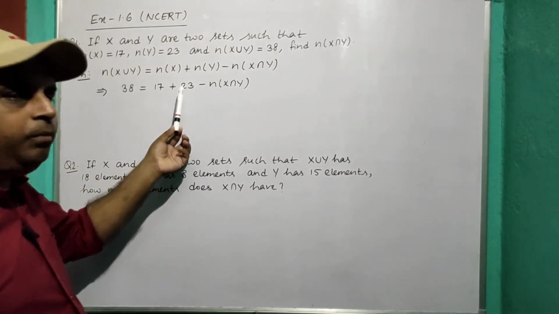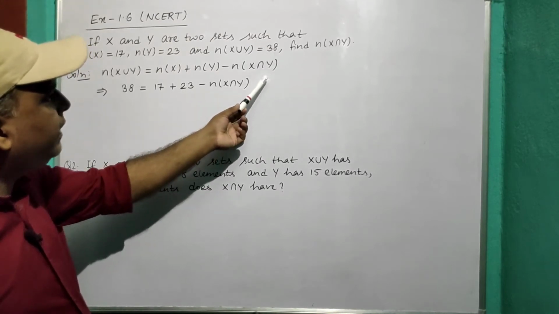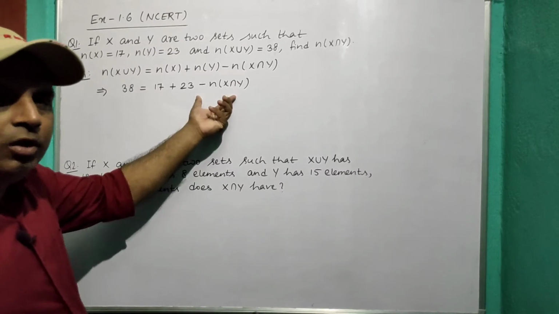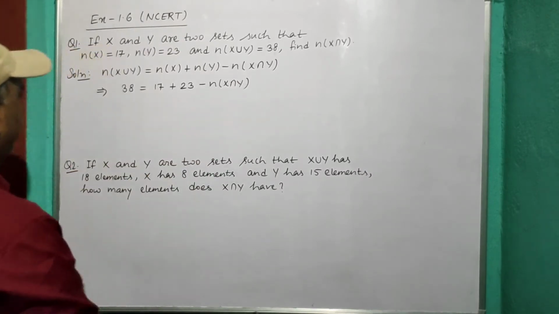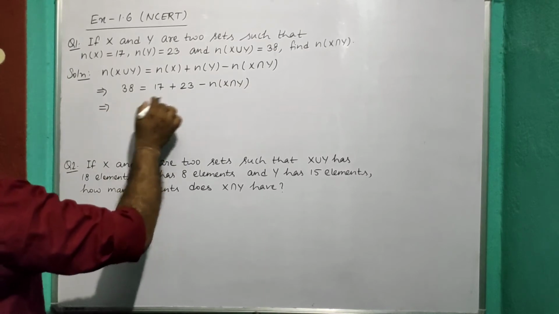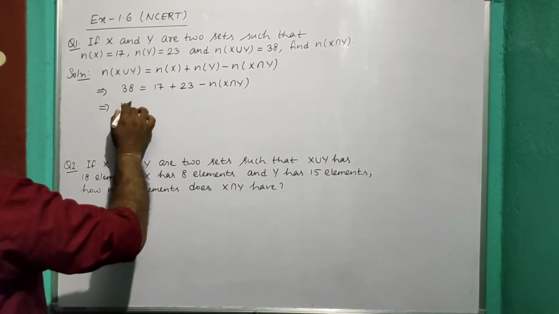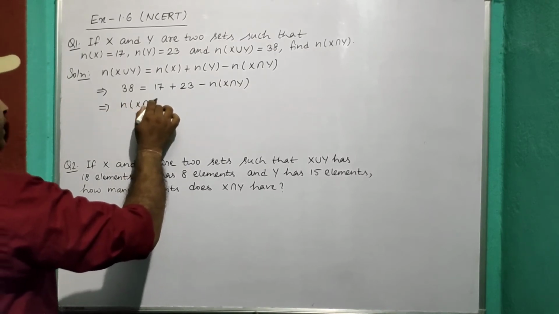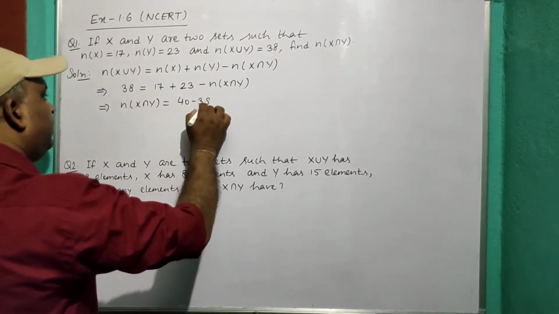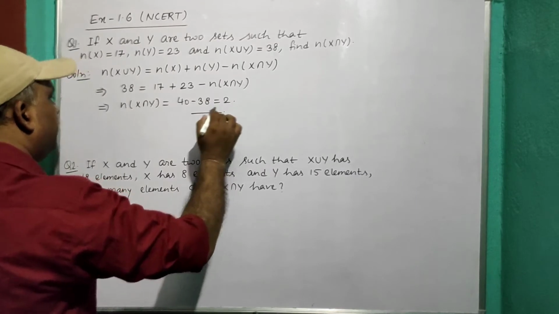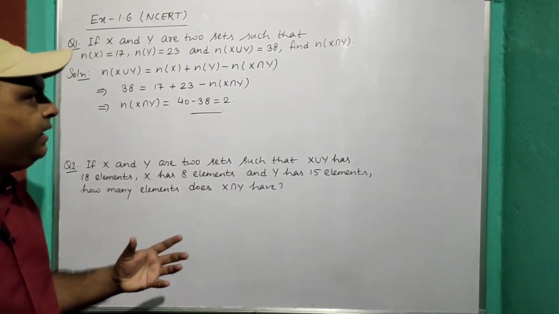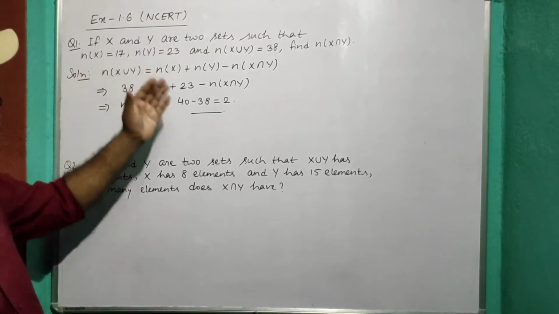In place of nY, put its value 23. And in place of n(X intersection Y), we will not put anything because we have to find its value. So from this you can write that n(X intersection Y) is 40 minus 38, that is 2. So it's a very simple problem which was directly based on this formula.